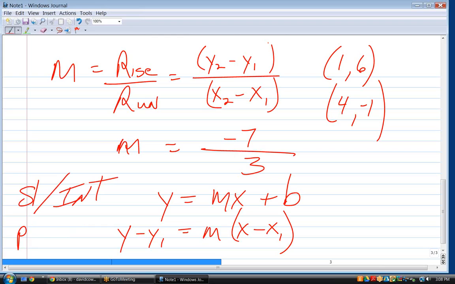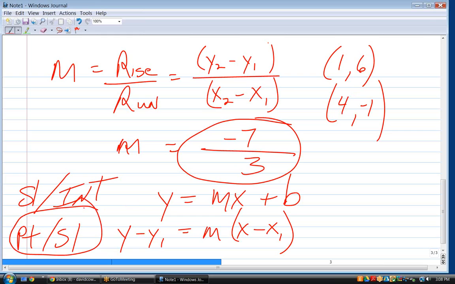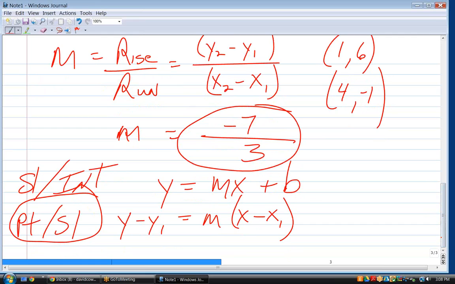This equation is point-slope format. You want to know both of these formats. They both are the equation of a line. But very frequently, the only thing we have is a slope and a point. So when we have a slope and a point, let's use point-slope format. It's easier than slope-intercept.